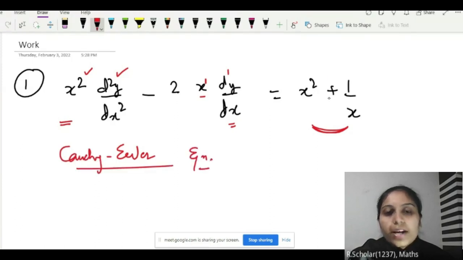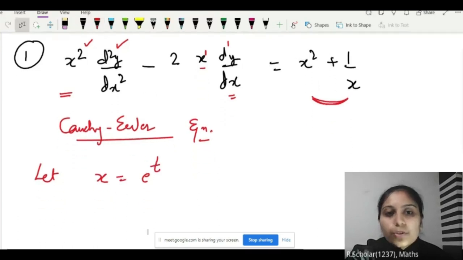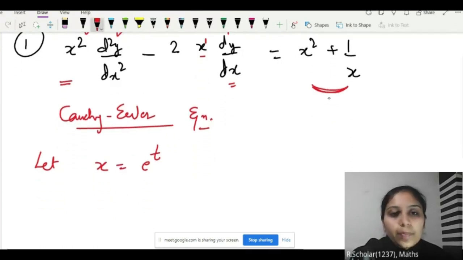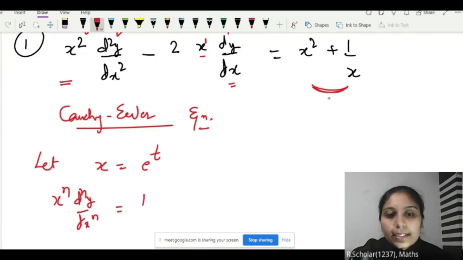And for finding the solution of this kind of equation, we will substitute x is equal to e raised to power t. By this substitution, what happened? We can write x^n d^n y/dx^n as D(D minus 1)(D minus 2) up to (D minus n plus 1) y.